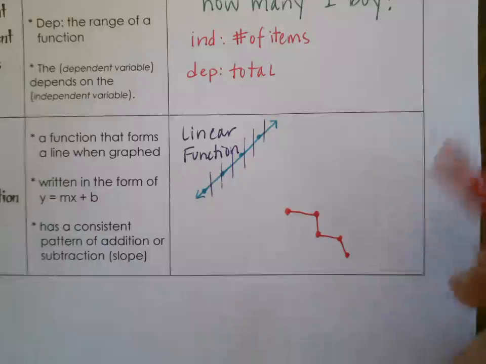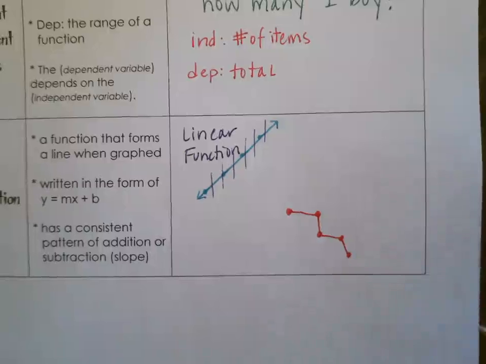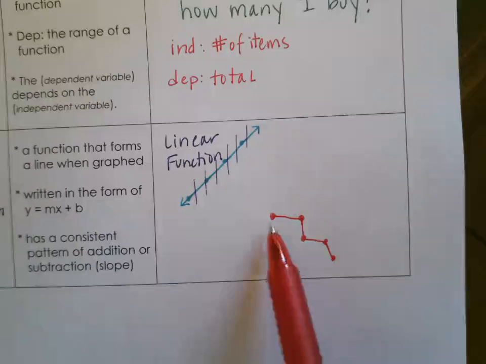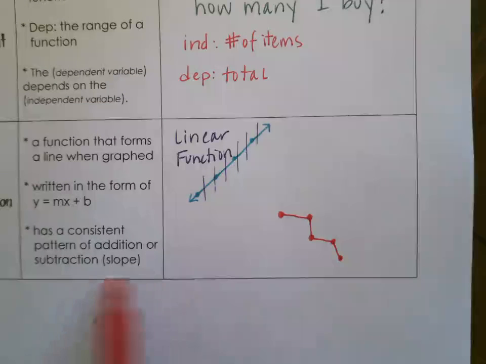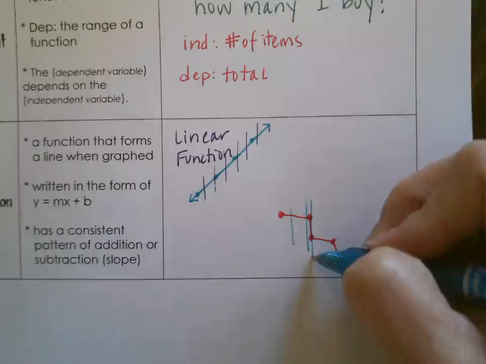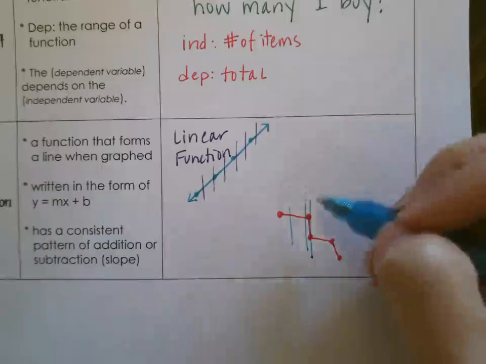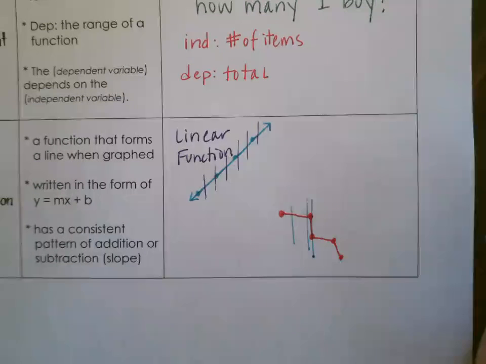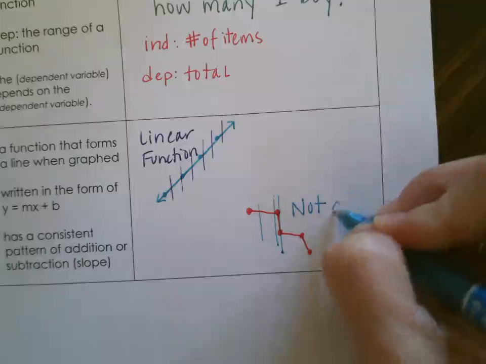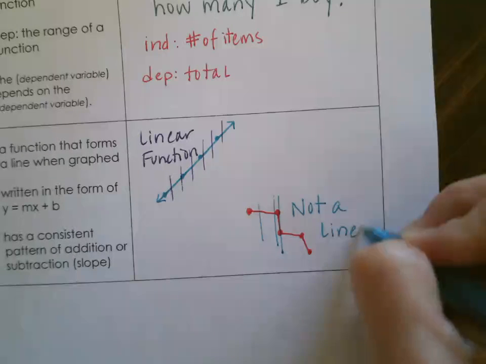I made a zigzag, or a couple of little line segments that are all pieced together. So there wasn't a pattern in my points there. I can't write it, and if I do a vertical line test, whoops, I hit a whole bunch of points right there. So this is not a linear function.